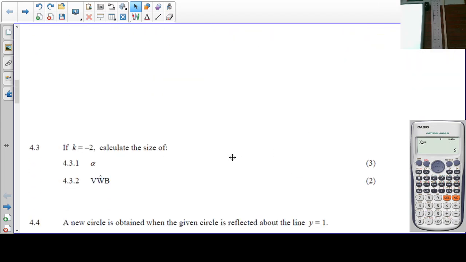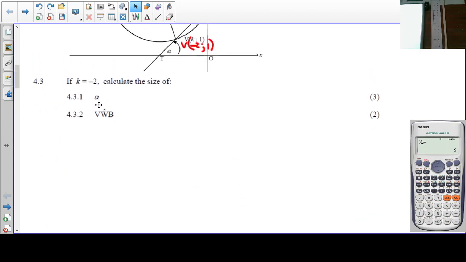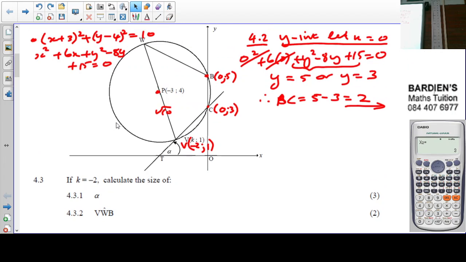You can use the distance formula there, but it's not really needed because it's on your y-axis. You see that? So your x is constant, so it's going to be the difference of the y's. If it's on your x-axis, then there will be a difference in your x's because your y's are constant.